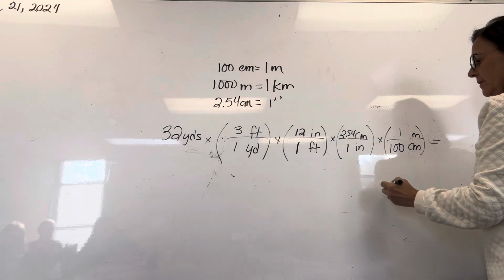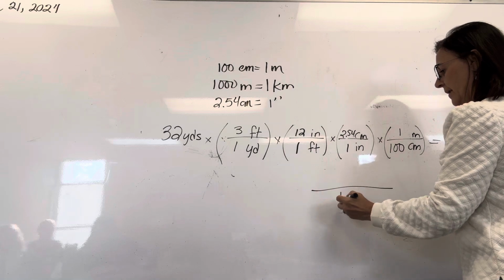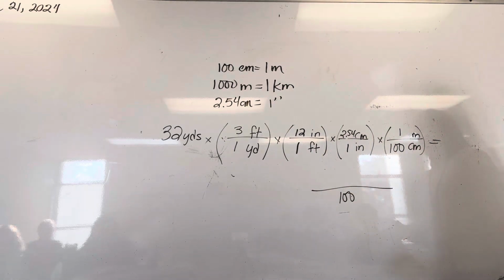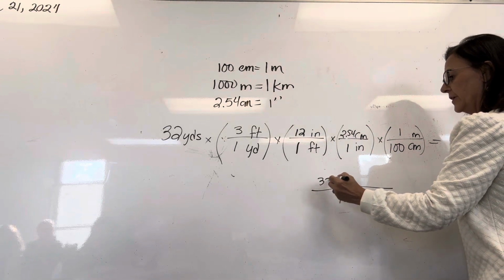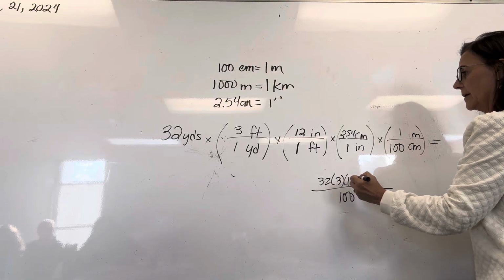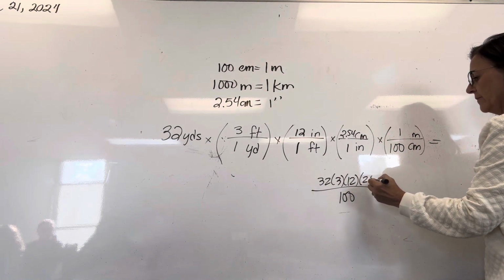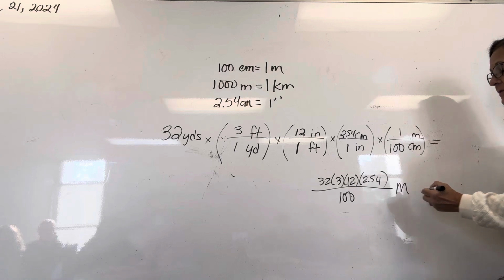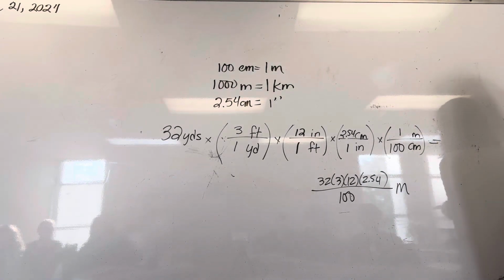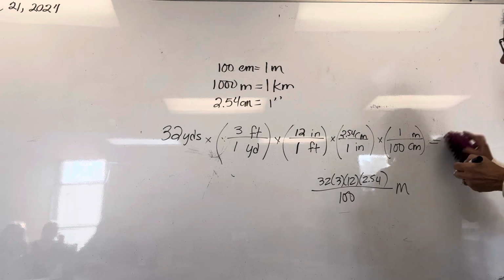So the only thing in the denominator is 100. We have 32 times 3 times 12 times 2.54 meters. Remember, you don't have to multiply this out. All right?